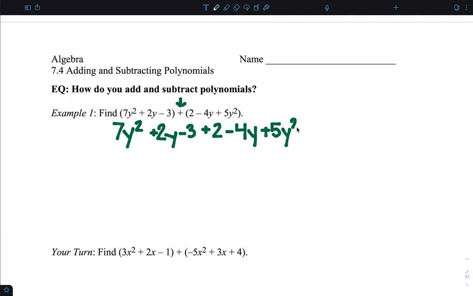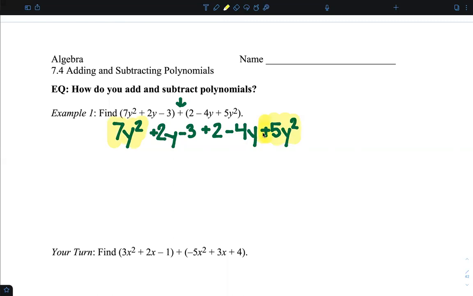All right. So now at this point, we need to say, okay, I need to combine like terms. So here's a y squared and here's a y squared. Now notice how I include the symbol that's in front. So like I included that plus sign right there with my 5y squared.